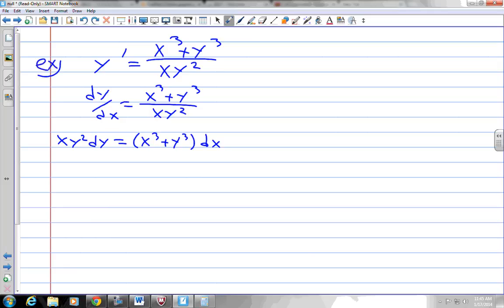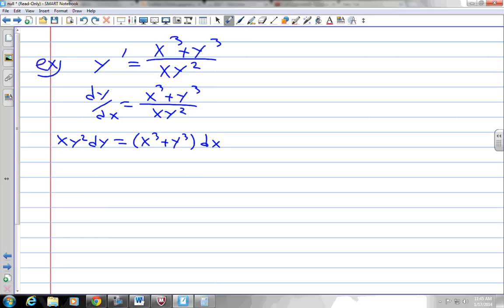Because that plus is messing me up, right? On the right, I mean, I can get rid of the x on the left, but then how do you get rid of that y cubed from the right? You want to try? Could you repeat that?